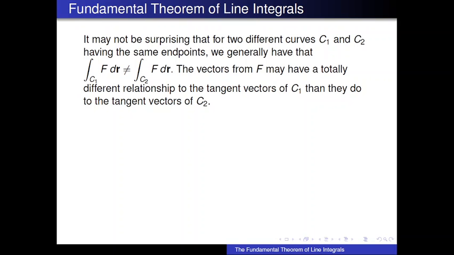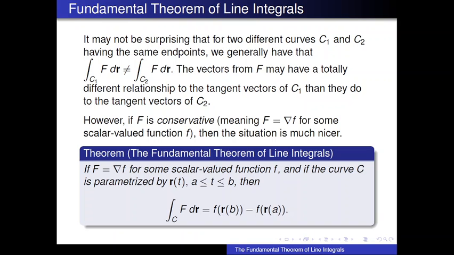However, if your vector field big F that you start with is conservative, which means that it is equal to the gradient of some scalar valued function, little f, then we do get something nice here. So the fundamental theorem of line integrals states exactly that.